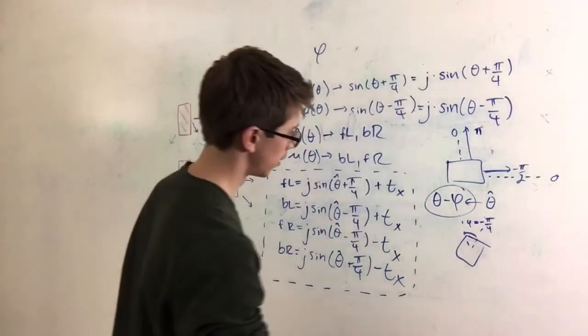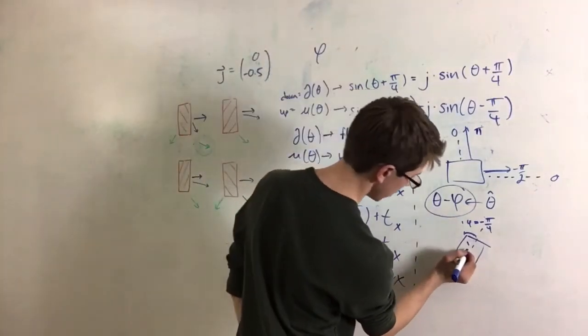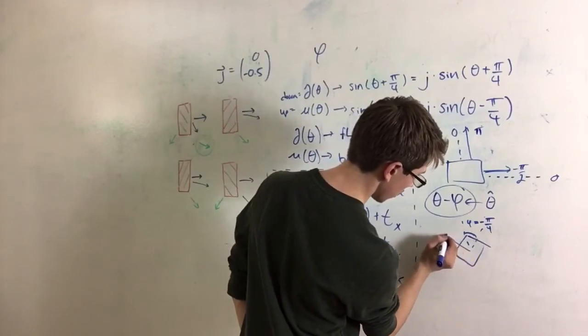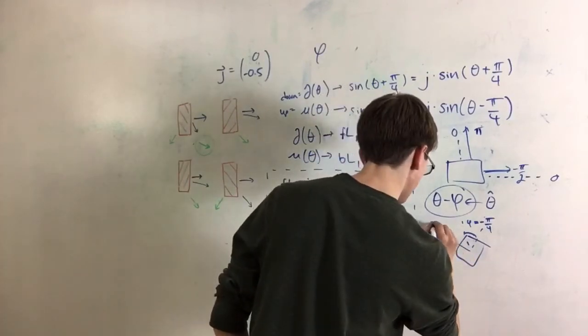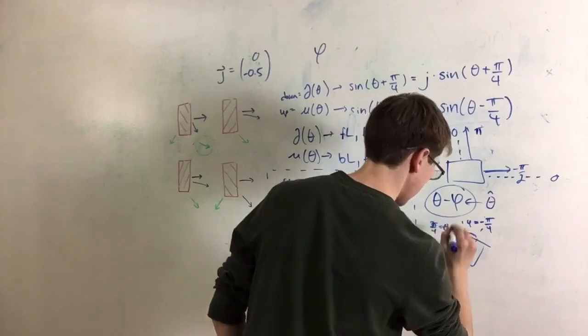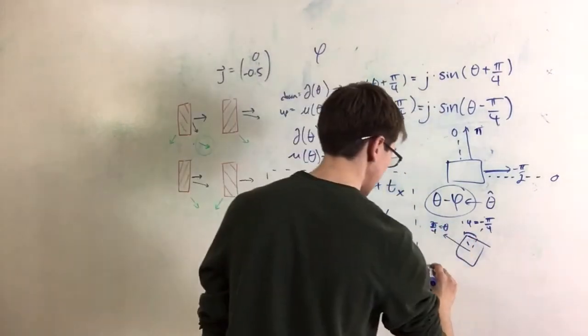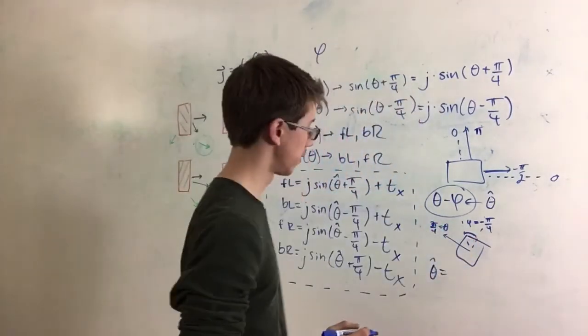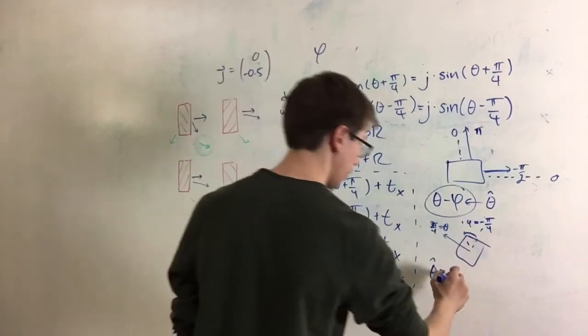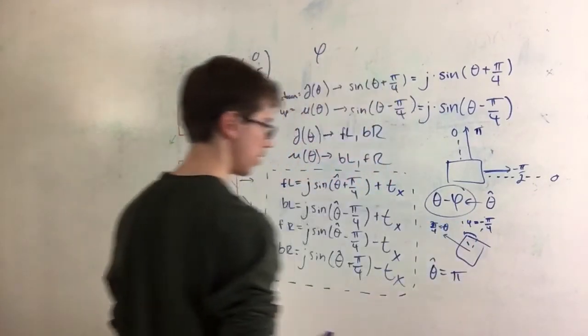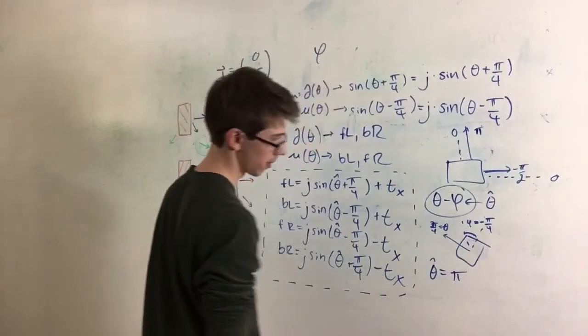And let's say that the driver pushes the stick to go at 3 pi over 4. So that's theta. So our theta hat is going to be what? 3 pi over 4 minus pi over 4? Pi. So theta hat is going to be pi.